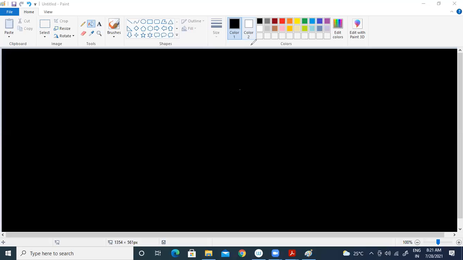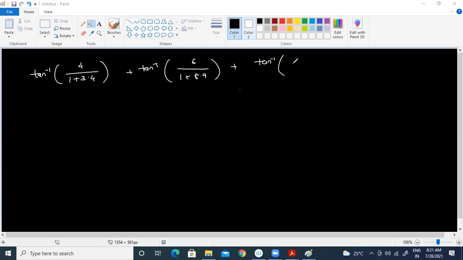The first term was tan inverse 4 upon 1 plus 3 into 4, plus tan inverse 6 upon 1 plus 8 into 9, plus tan inverse 8 upon 1 plus 15 into 16, up to n terms.